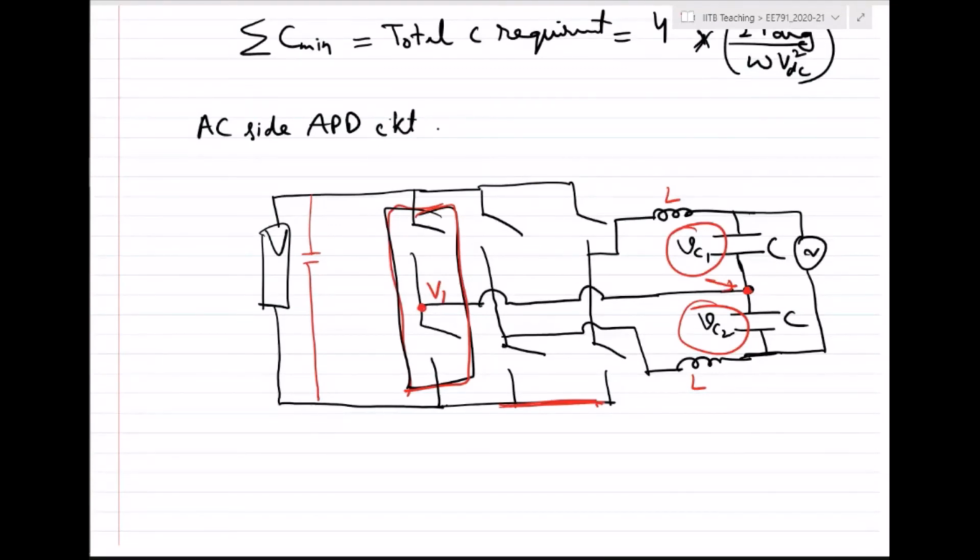For example, if this voltage is V2, and you are regulating V2 for grid operation, then you can find the reference for V1 such that the average of V1 minus V2 over a switching period is equal to the reference value of VC2.